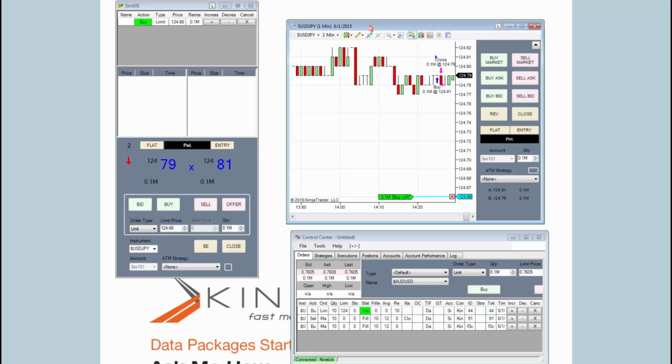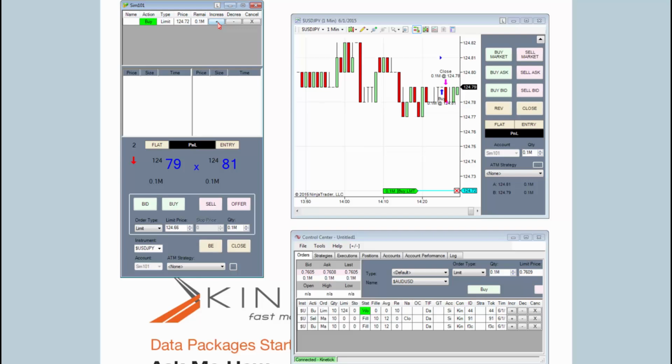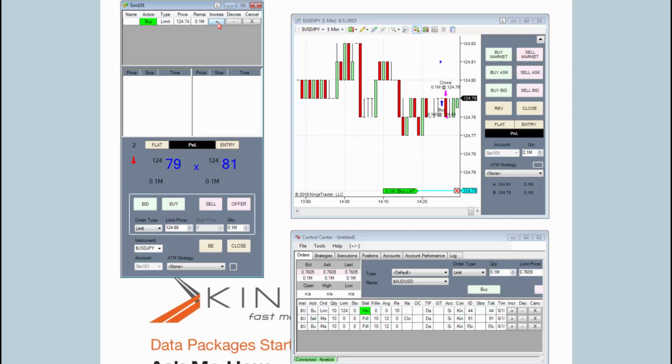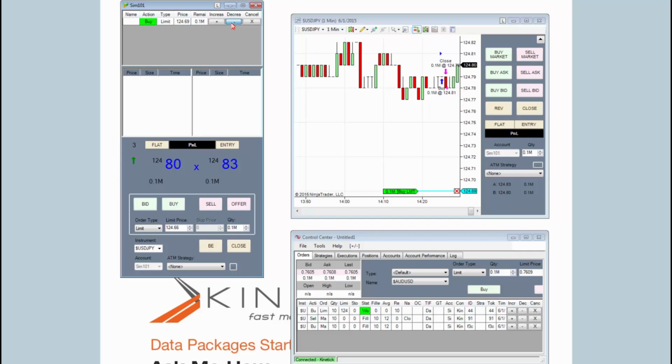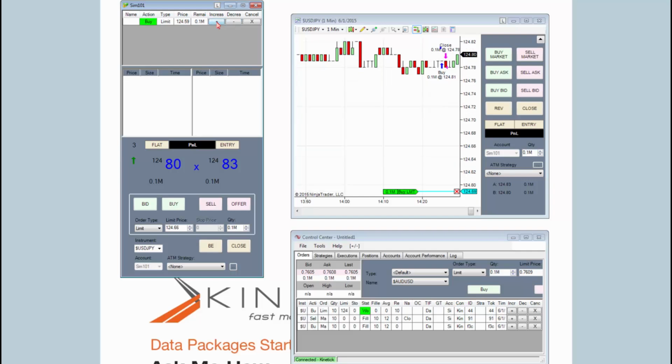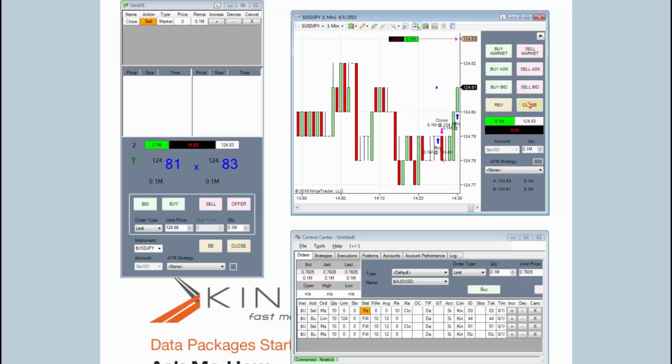So now if I'd like to move this limit order using the FX Pro window, I can simply use the plus or minus buttons here that say increase or decrease. If I click the plus button, we can see that order moving up pip by pip on the chart. Now, if I hold the Control key and do that, it's going to move it by 5 pips per click. If I hold the Alt key and do that, it's going to move it by 10 pips. So just for even more granularity. Okay, so we just moved it on the wrong side of the market and it got filled. That's all right.